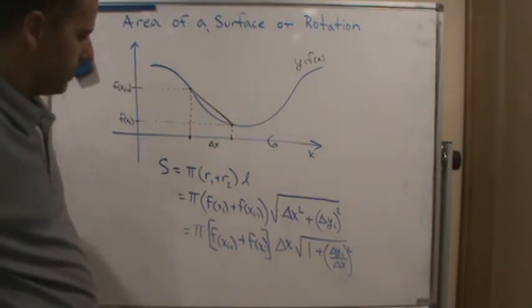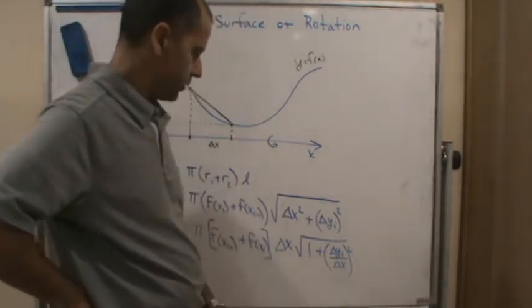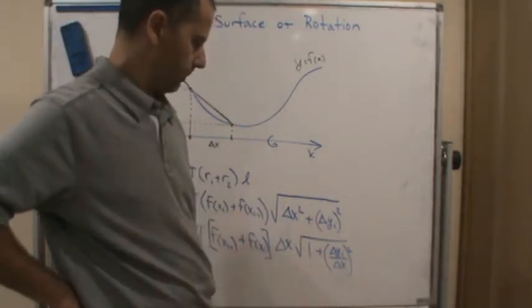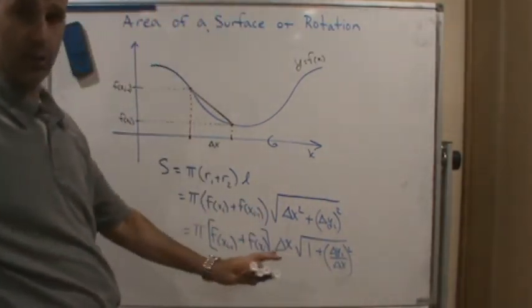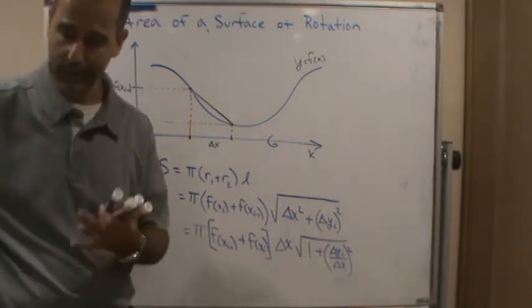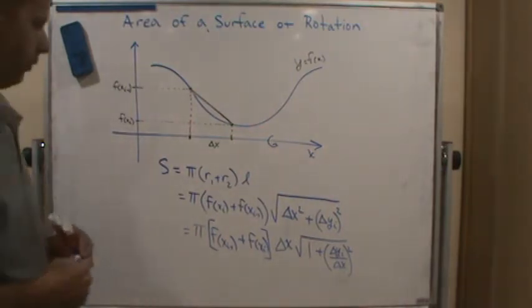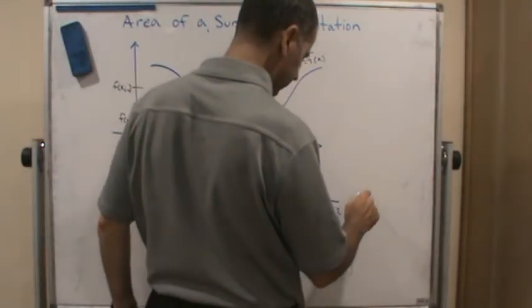Remember, in each subinterval, there's some point where it's going to have the same slope, and so we can replace this with the derivative again.